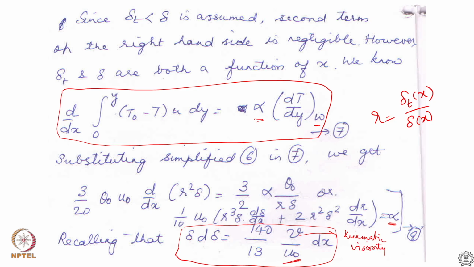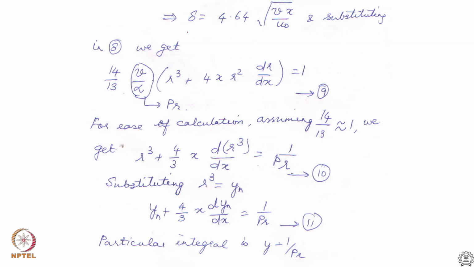So, using that expression and assessing the momentum boundary layer thickness, it is 4.64 multiplied by the square root of kinematic viscosity times x by u naught. This can be rewritten as delta divided by x equals 4.64 divided by square root of Reynolds number.